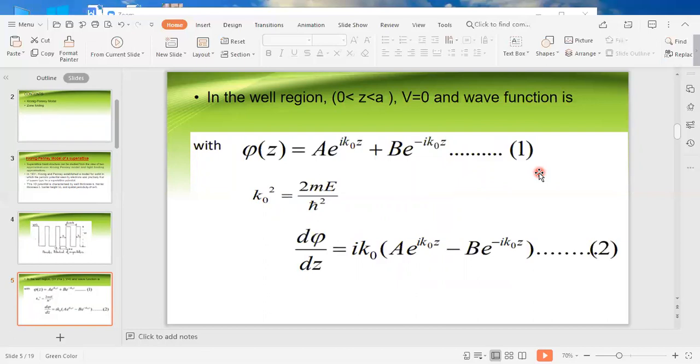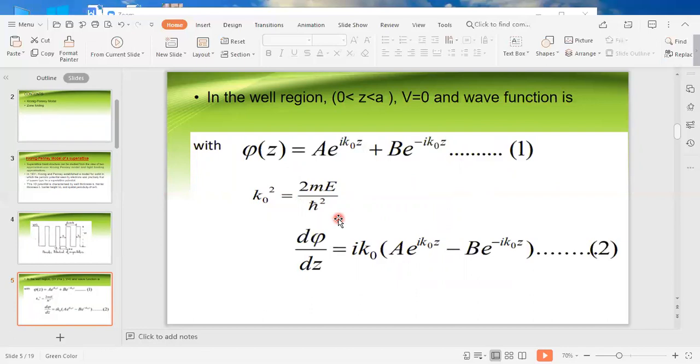So I'm not going into the Schrodinger's equation derivation. And k naught is a wave vector where k naught square is equal to 2mE by h bar square.